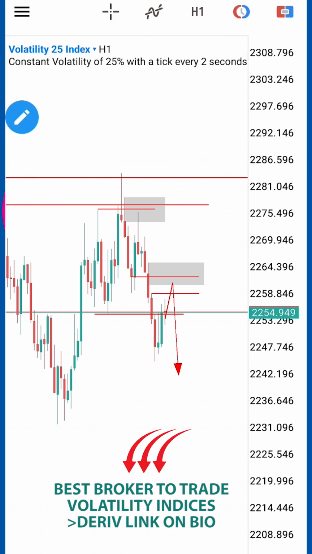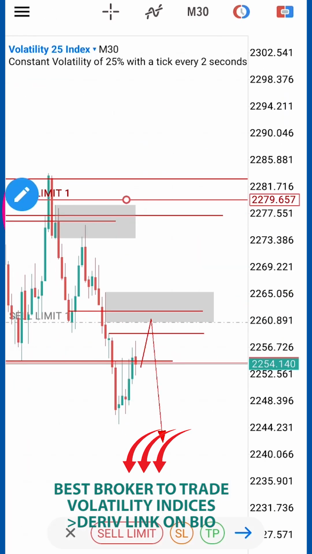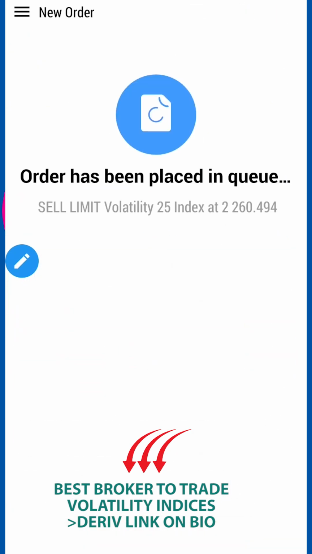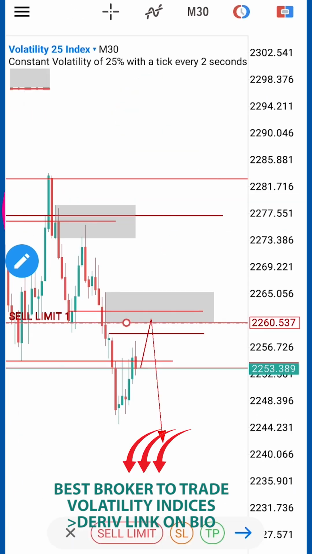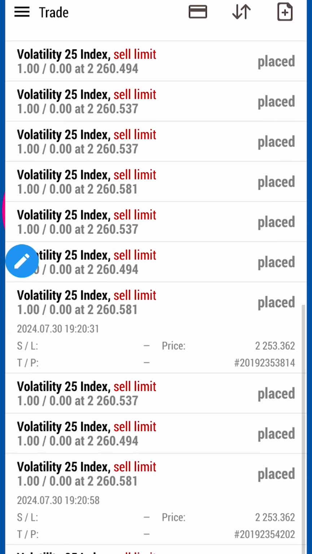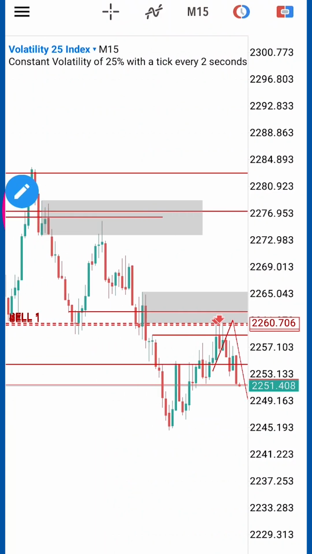Immediately after I saw this analysis, I placed my sell limits right at the 5-minute OB, and I went in a bit extreme, but it was good enough for a 200 USD account. So you see what happens afterwards. This is afterwards.